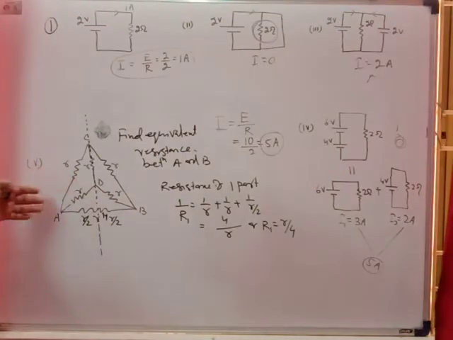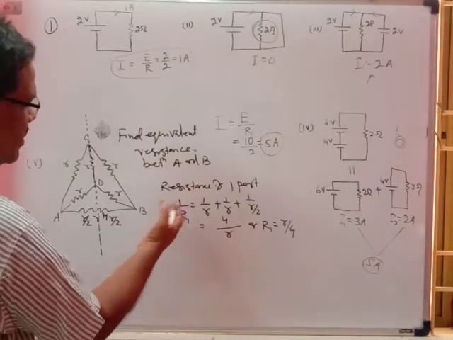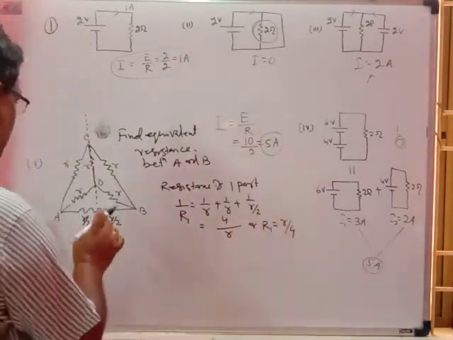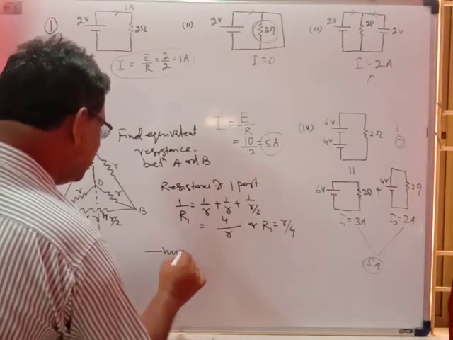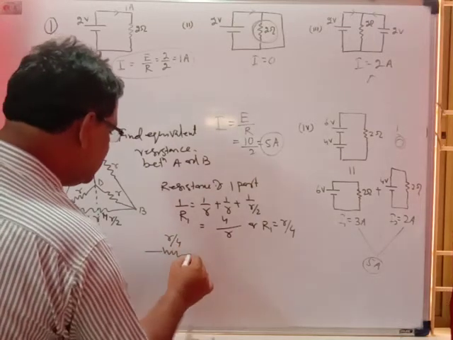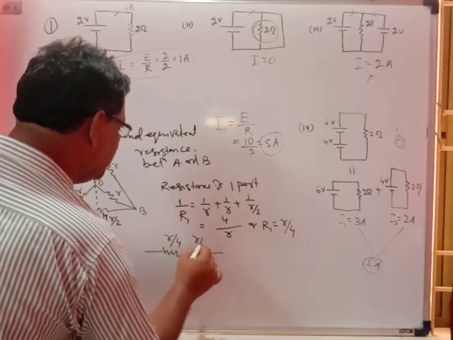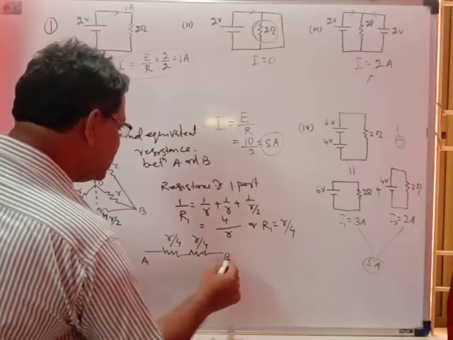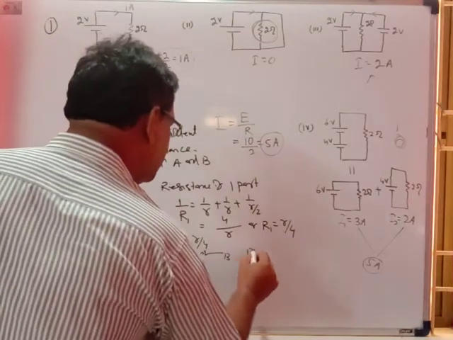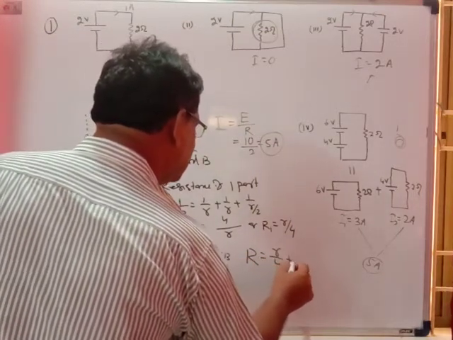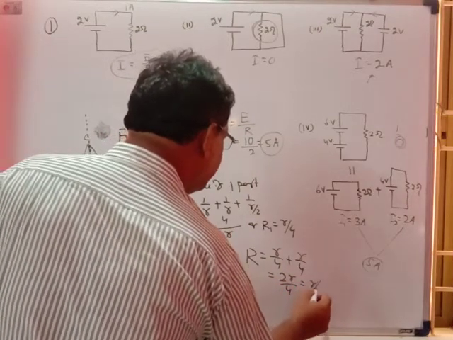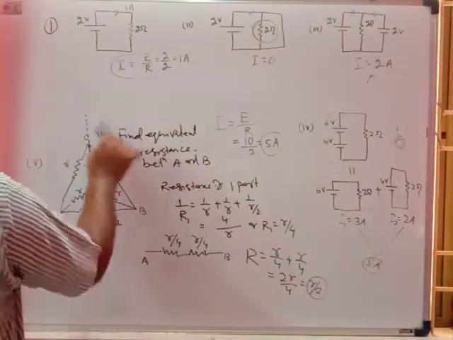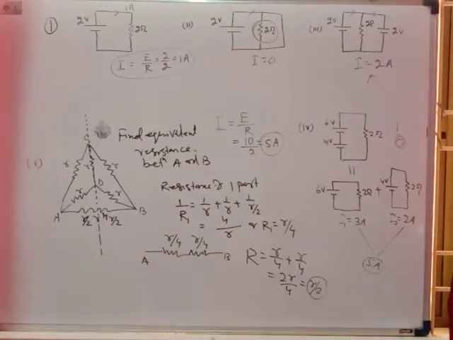So the resistance of the left part is R by 4, and the resistance of the right side part will also be R by 4. Both parts are connected in series, between A and B. The net resistance R will be R by 4 plus R by 4, that is 2R by 4, that is R by 2. So the equivalent resistance of the complete circuit is R by 2.